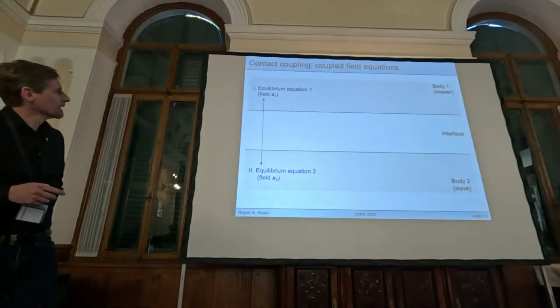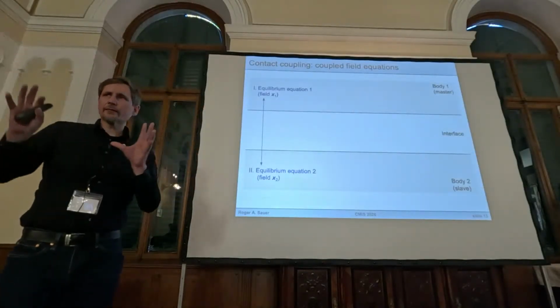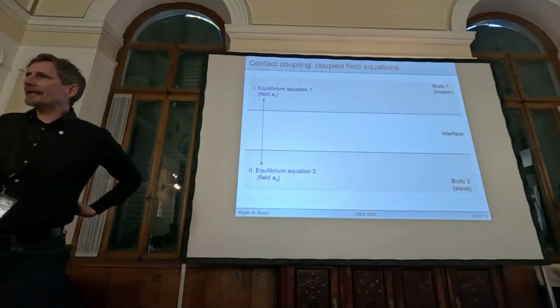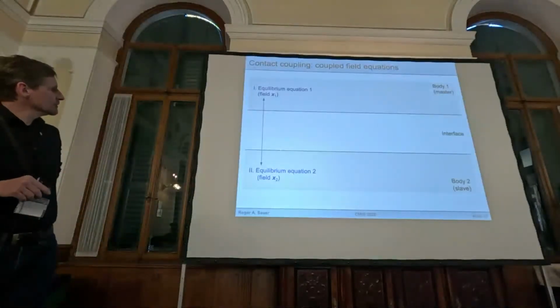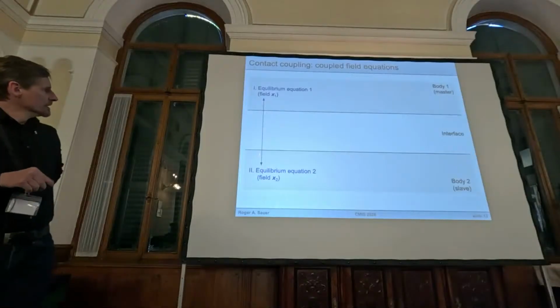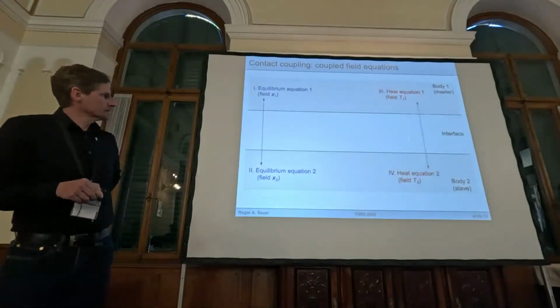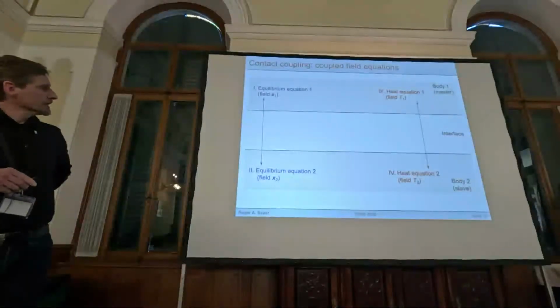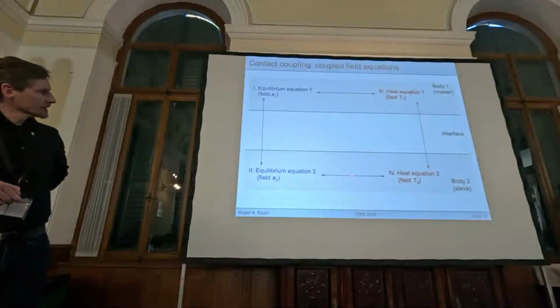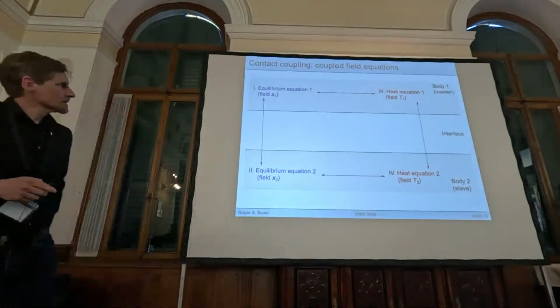And this can be used later on to verify numerical results, which I will be showing in the following. One more thing beforehand is, what are all the field equations and how are they connected? So in classical mechanical contact, I would have two equilibrium equations that are mechanically coupled. In thermal contact, I would have two heat equations that are coupled. Now, additionally, they could be, of course, coupled in this way because of thermoelasticity. So these are four equations.